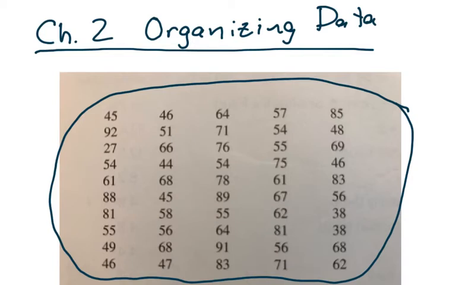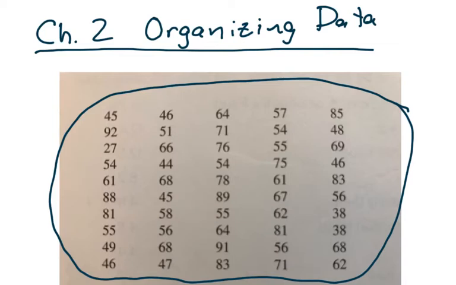It's very difficult to look at and get an idea of what is even going on here. And so that obviously is the motivation for developing different types of organization for our data. We're going to go into a few of those in just a moment.